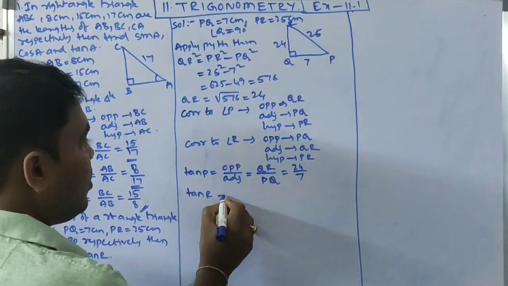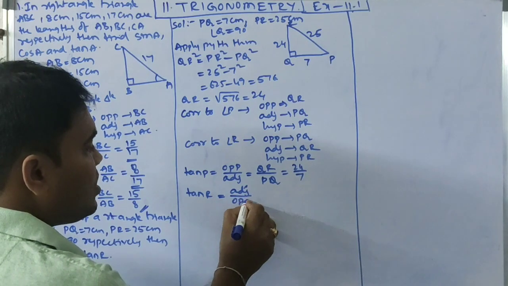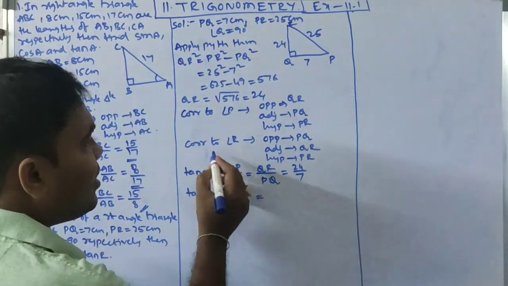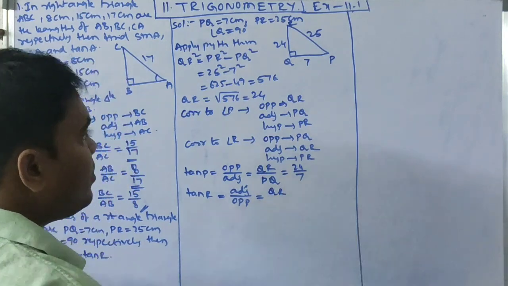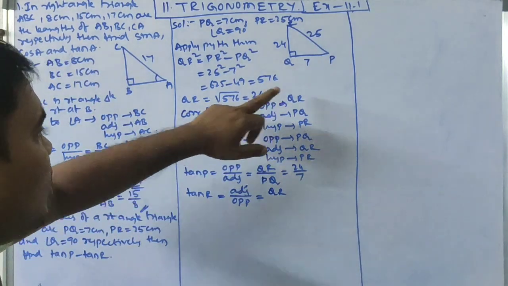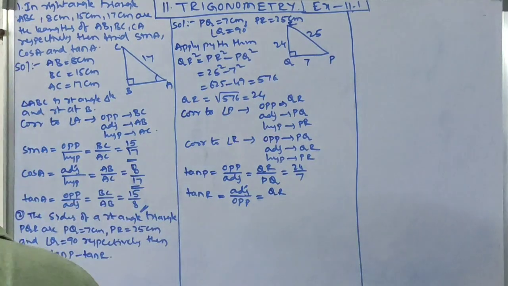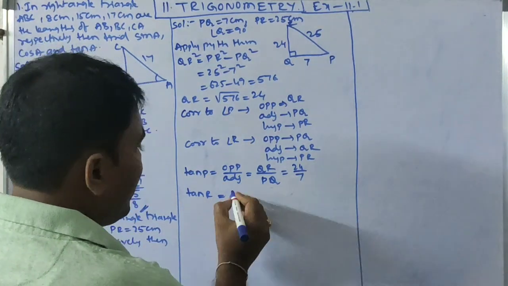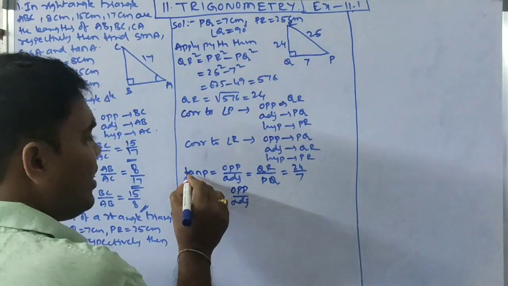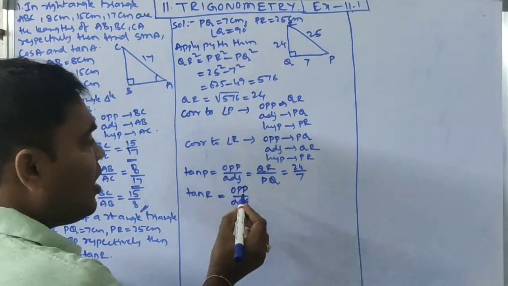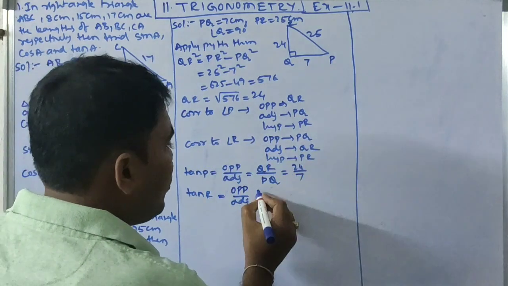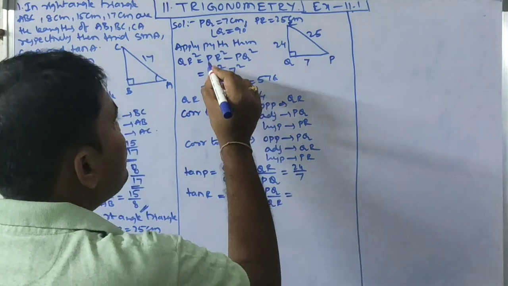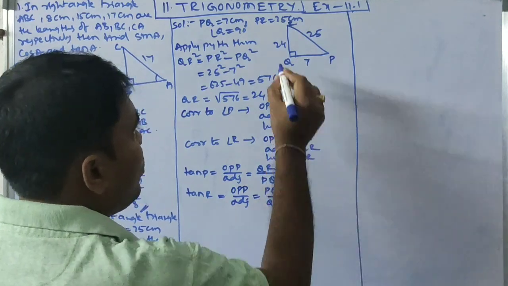Tan R, the formula is the same, opposite by adjacent, whether it is P or R. Corresponding to R, opposite PQ, adjacent QR. PQ equal to 7, QR equal to 24.